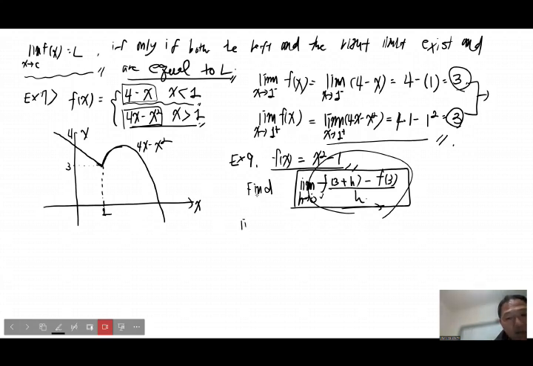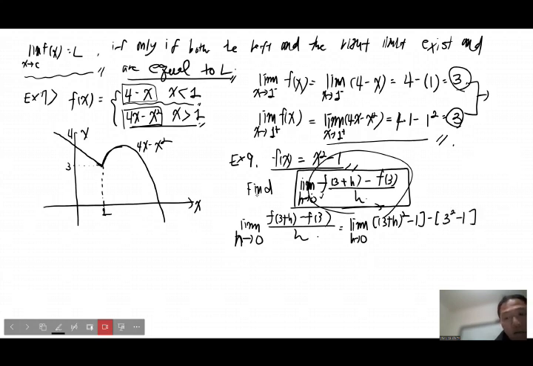The first step is to plug x squared minus 1 into the equation of the limit over h, as h goes to 0. Now that is the limit as h goes to 0 of (3 plus h) squared minus 1 minus (3 squared minus 1) over h.